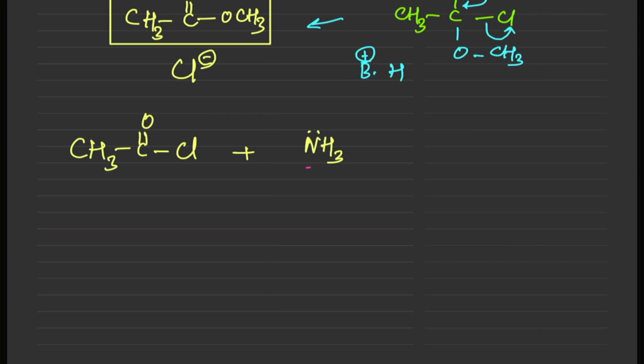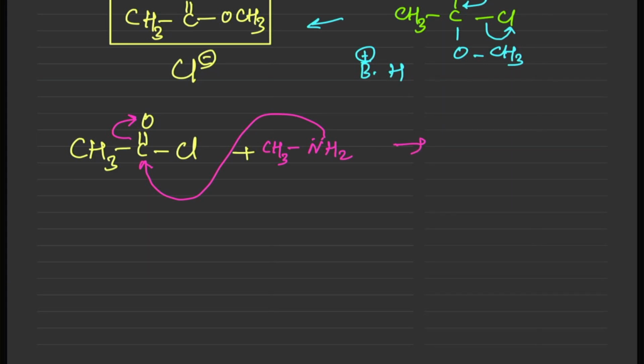Maybe let's just do an amine. So let's say nitrogen has two hydrogens and on one side we have CH3, CH3NH2. So this would come and attack here. Nitrogen has lone pairs, it'll go there.